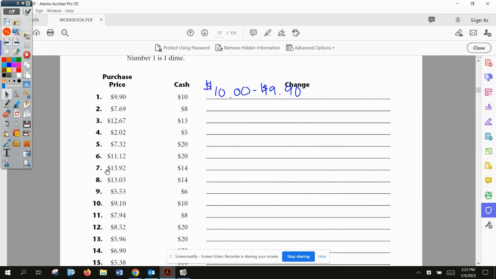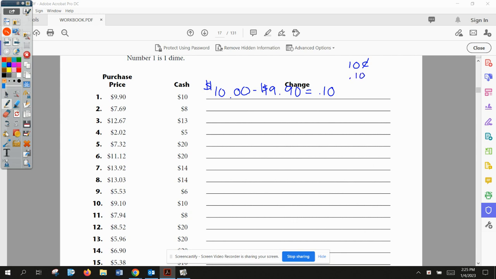Now, that answer is correct, 0.1. But you are able to write this in a couple different forms that we've been talking about in the last couple days. That 0.1 is actually referring to 0.10. You guys know that as 10 cents. And 10 cents can be written in cents format.